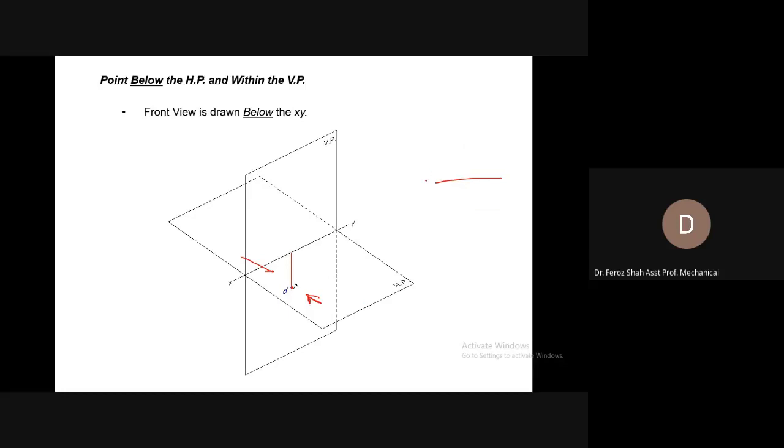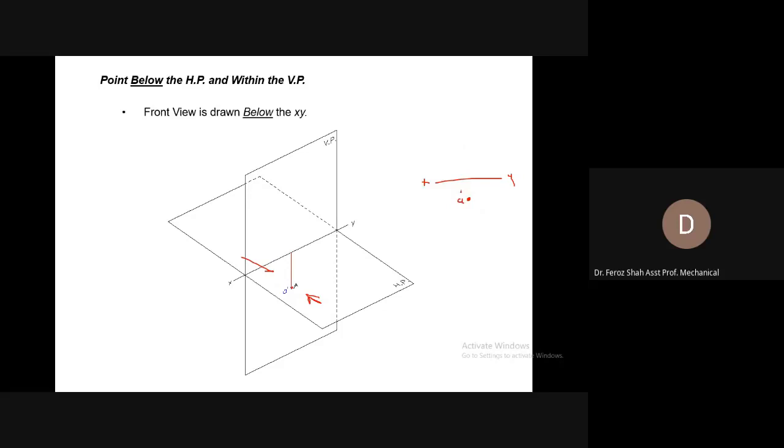If you draw the XY reference line, you can see that the front view is being drawn at the vertical plane but is below the XY reference line. As the point is below the horizontal plane, its front view is also below the XY reference line.